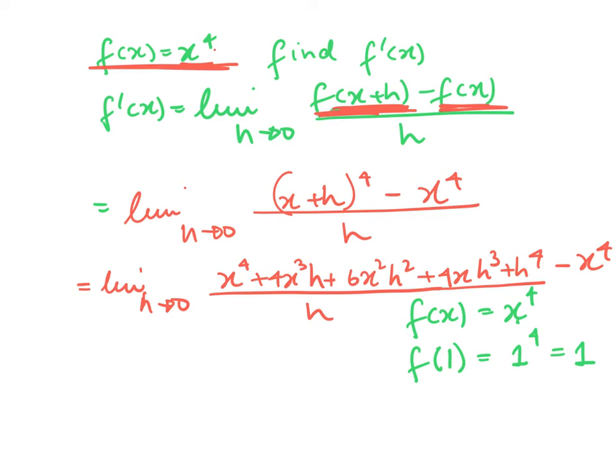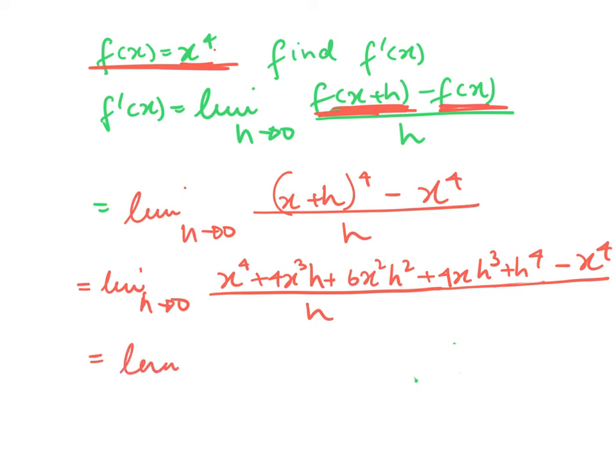I'm just going to erase this part here, because I'm going to need more space. So that has been expanded. What we're going to do next is see if we can cancel out anything. So x to the power of 4 take away x to the power of 4 is equal to 0. The next step is to see if we can collect like terms, or if we can't, to see if there's any common factor.